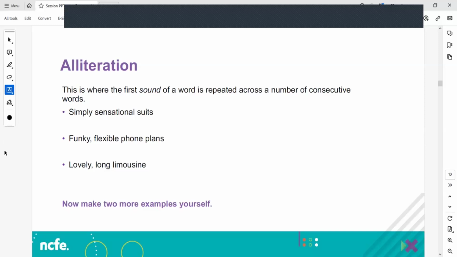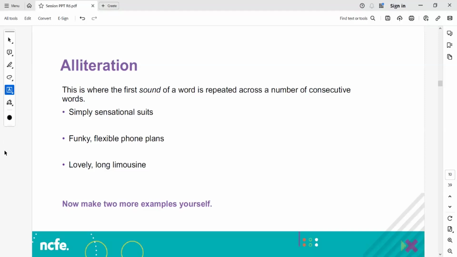Peter Piper picked. Excellent. That's a really good example from a children's rhyme, Peter Piper picked. So we do often see alliteration. I'm glad you've said that one, because another place where we often see alliteration is in poetry, in rhymes. So well done. Okay, let's move on.